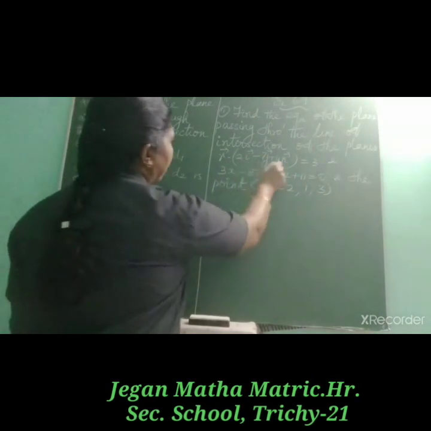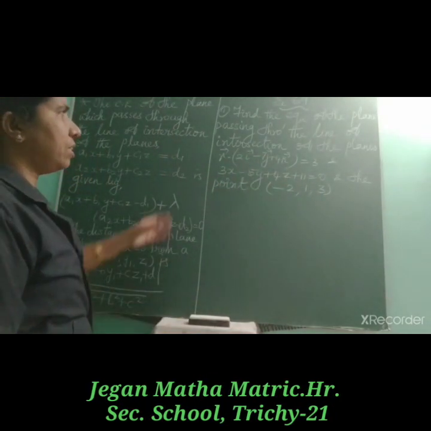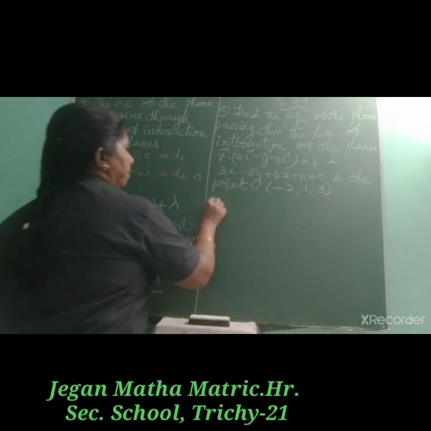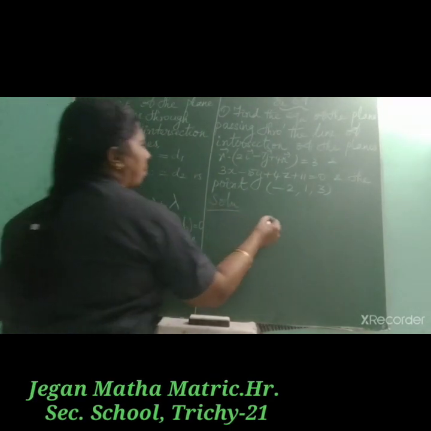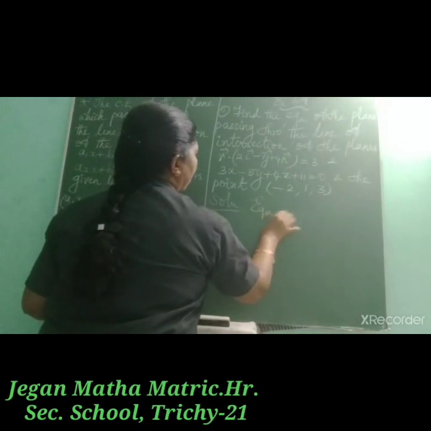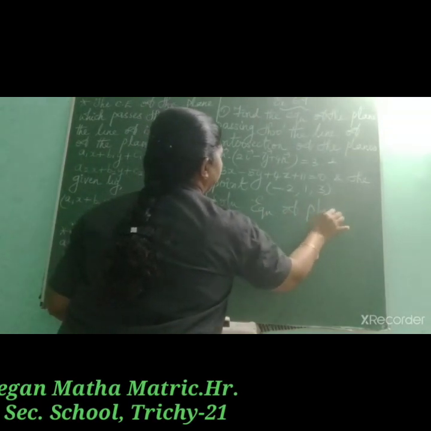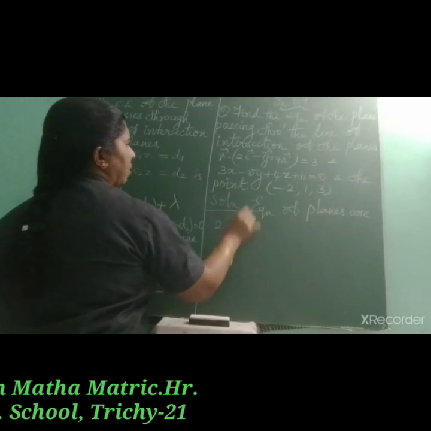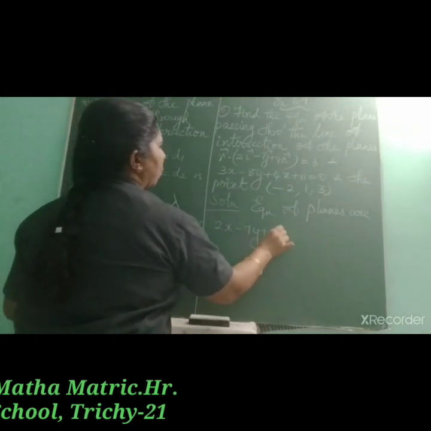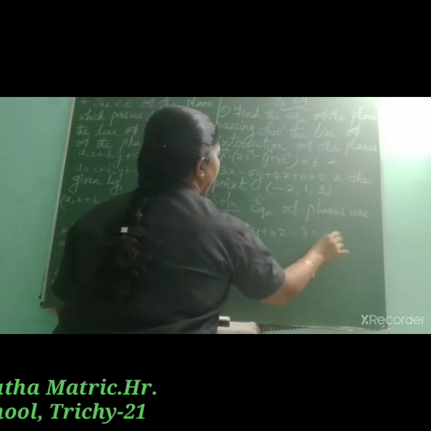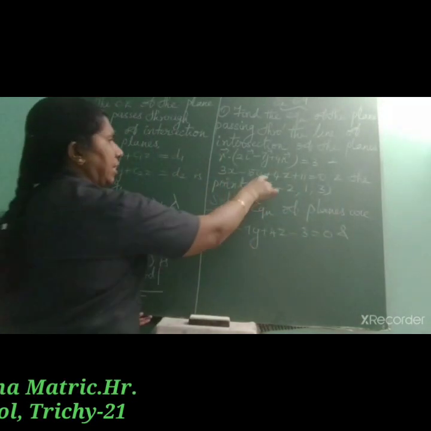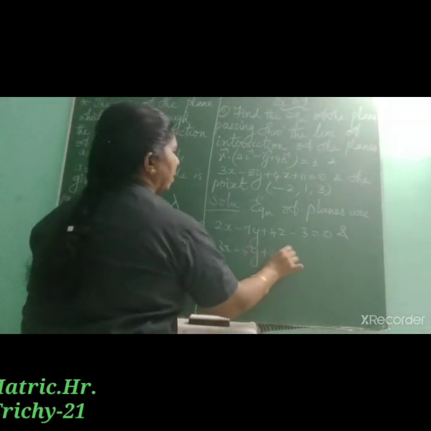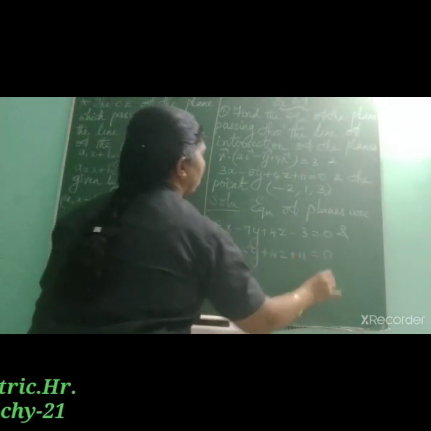The first equation is given in vector form, so we can write the equations of the planes as 2x minus 7y plus 4z minus 3 equal to 0, and the second equation directly, 3x minus 5y plus 4z plus 11 equal to 0.